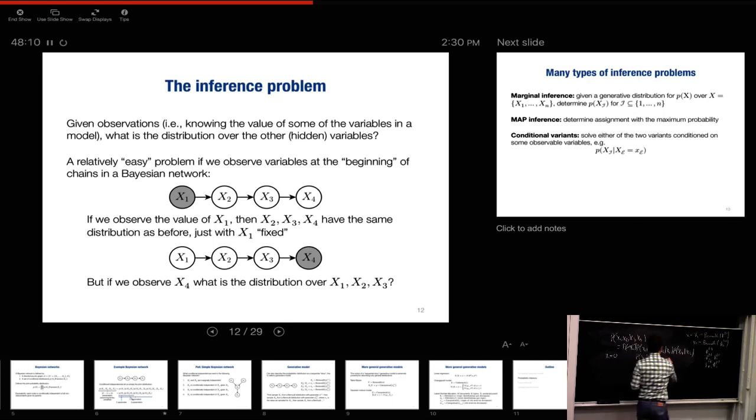That is now a Bayesian network over the 3 remaining variables. There's still a compact form that represents the distribution over those 3 variables. All right, so does that make sense? Any questions there?